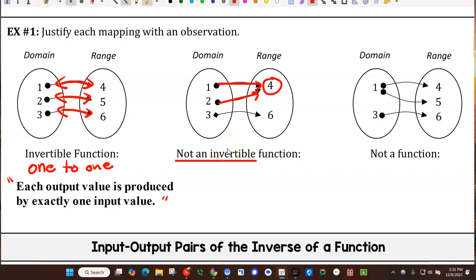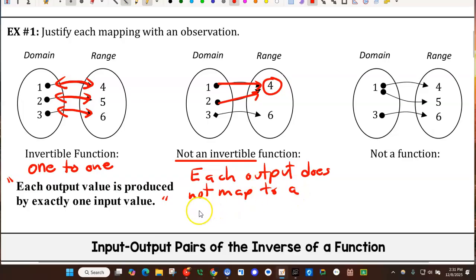So we could say some variation of that and why it does not. Or another way of saying it would be each output does not map to a unique input value.